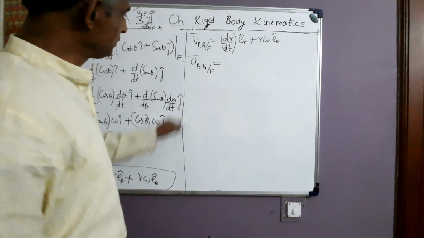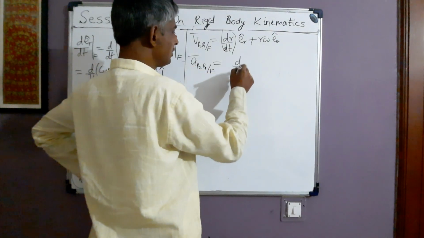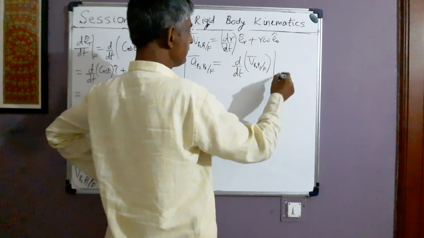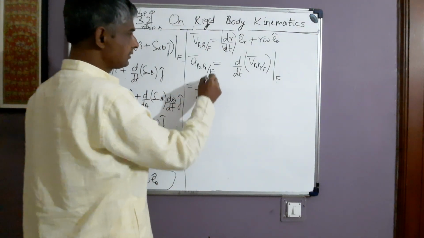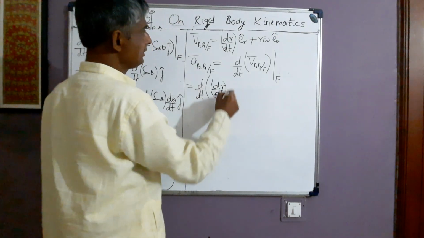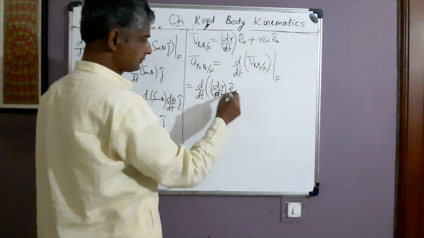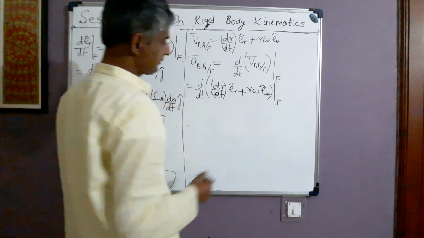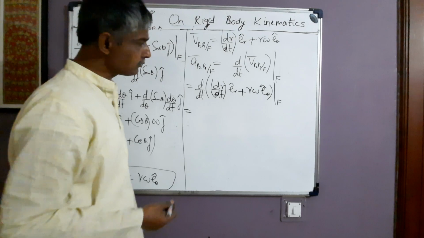Relative acceleration of point P2 with respect to point P1 in frame F. That is just the derivative of the relative velocity v_P2/P1 in frame F. So this becomes d by dt of dr/dt into e_r hat, plus r omega into e_theta hat in frame F. On this side, differentiate using the usual rules of calculus.